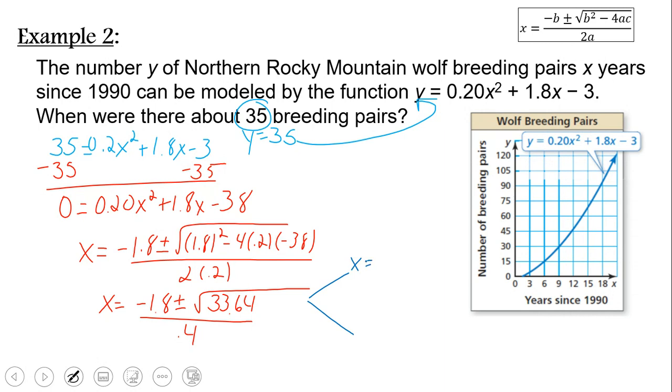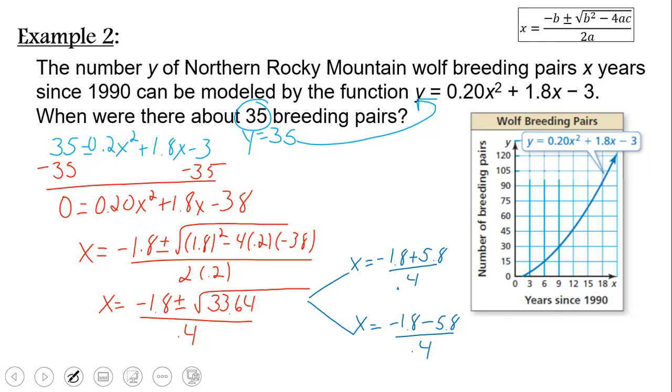I'm going to get x equals negative 1.8 plus the square root of 33.64, which is 5.8, over 0.4. And then I'm going to have x equals negative 1.8 minus 5.8 over 0.4.